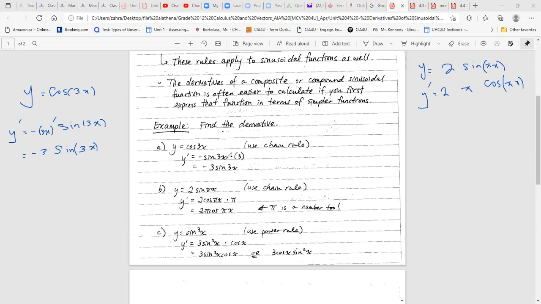Here, y is equal to sine power 3x. So if we use the power rule, power in front, power minus 1. The power minus 1 is going to be 2 here, right? So I'm just going to erase that.